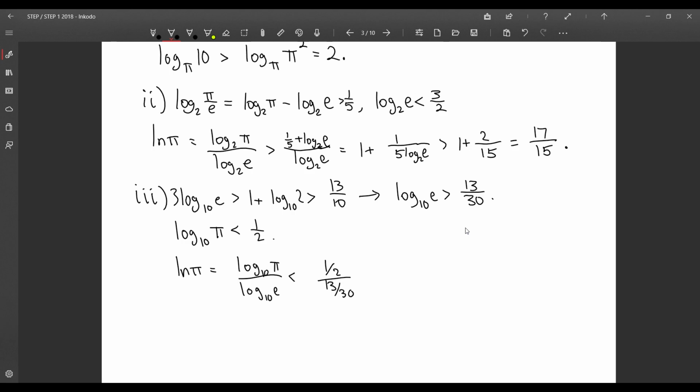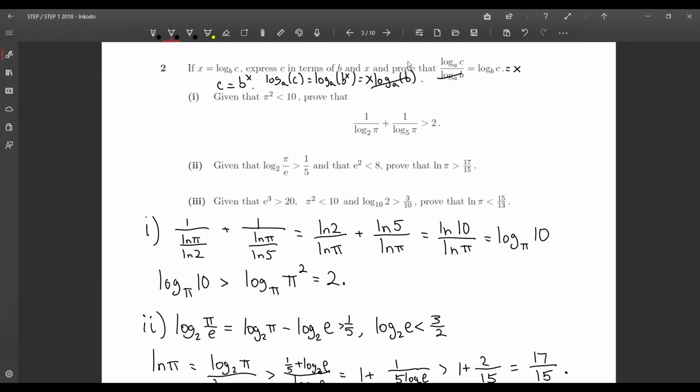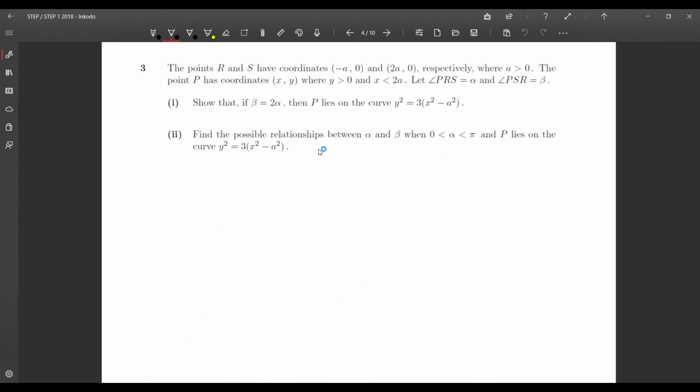And remember, these signs are justified. The numerator follows the same sign, and then the denominator follows the opposite sign. So this is going to give us 15 over 13. Right. So pretty fun problem overall. On to the next one.